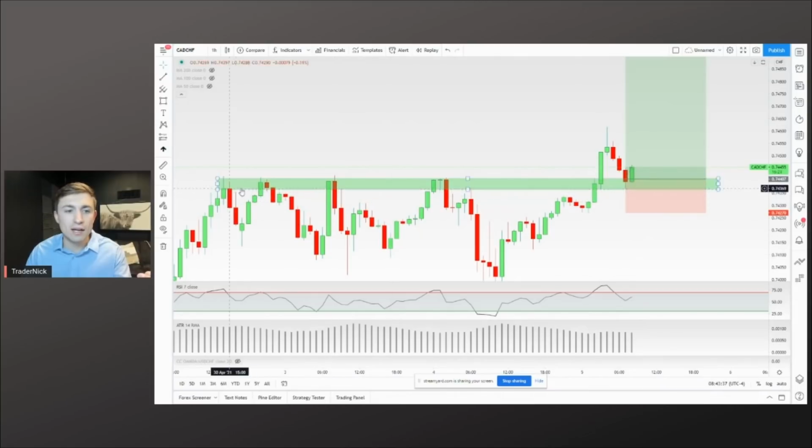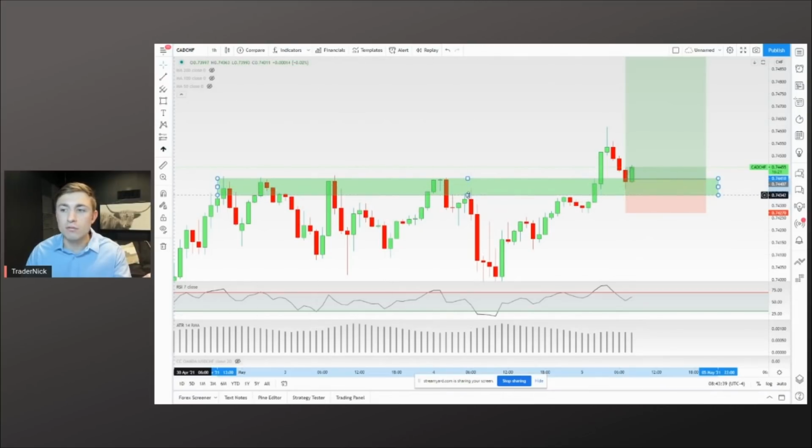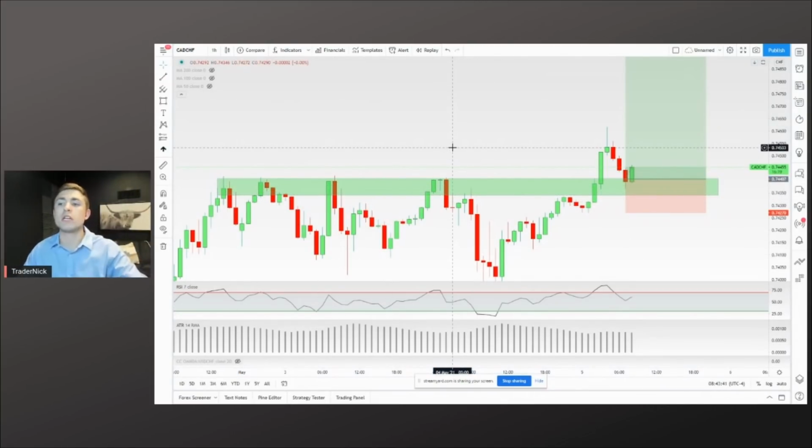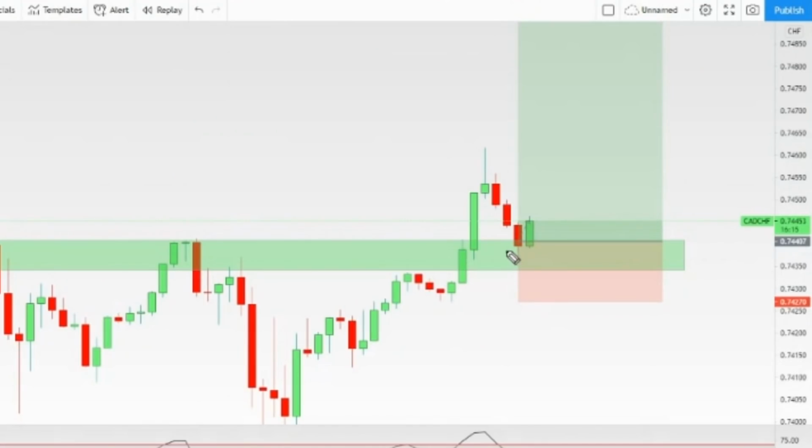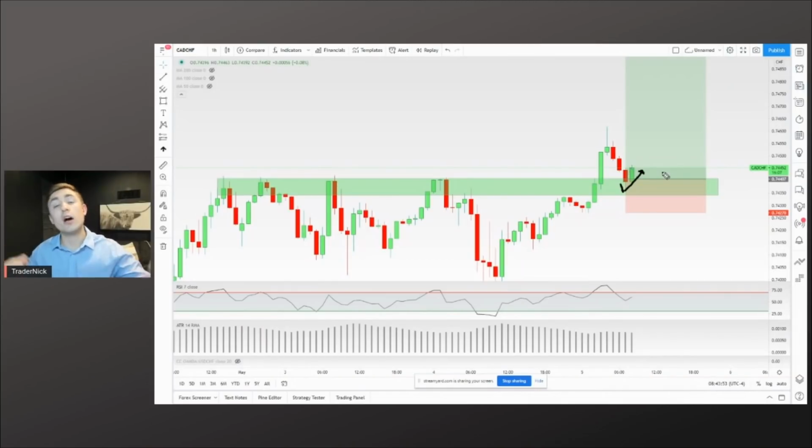I try to get a good zone of range of motion here for this level to be retested. So you can see we came down to this point, tagged a little bit into it, and then reversed. That would be ideally what I'm looking for on this trade, for that to quickly rebound, otherwise get me out for a stop fairly quickly.